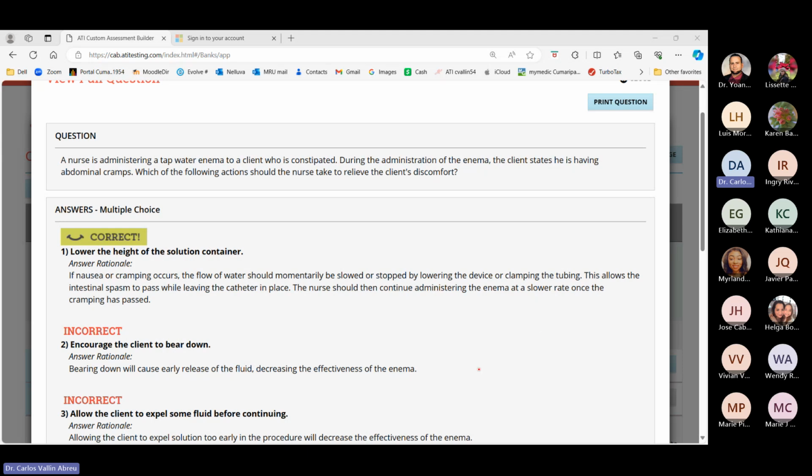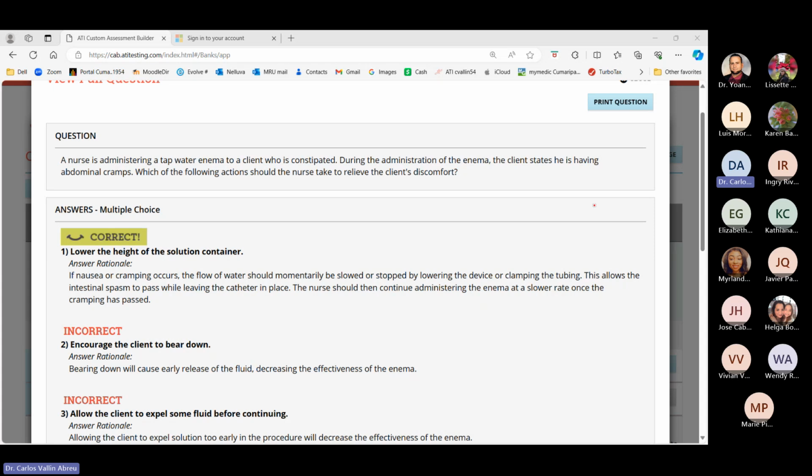But if you are administering the liquid to the client and the client starts complaining of pain, what do you do? You can have different options in the question. You don't discontinue the enema. The enema is going to continue, but you can clamp it until the pain disappears.